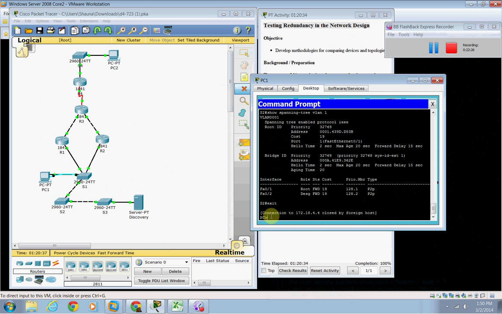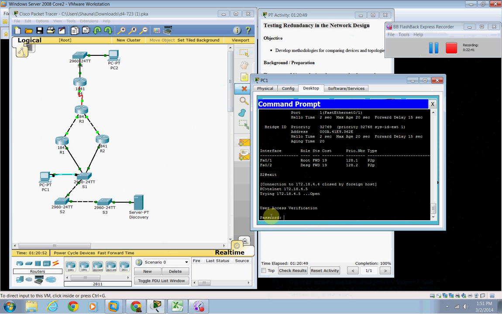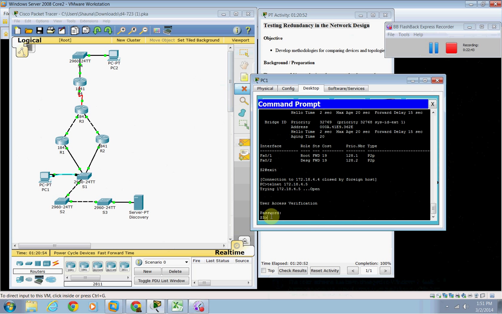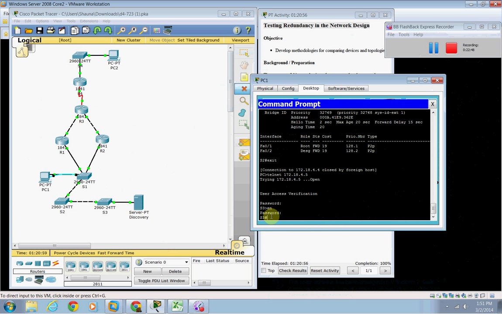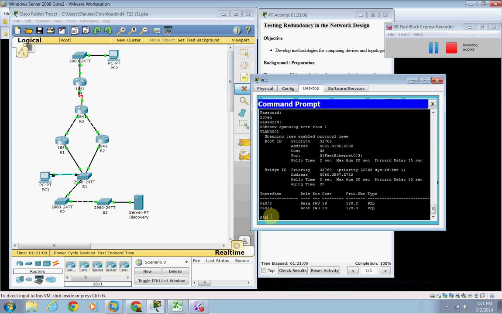Okay, telnet into switch number 3, which is 172.18.4.5. This one's the same as 2.